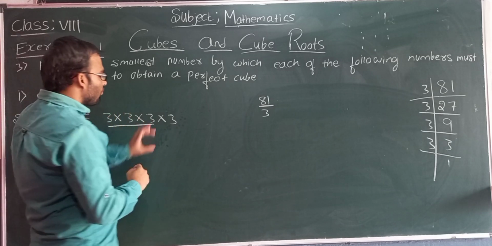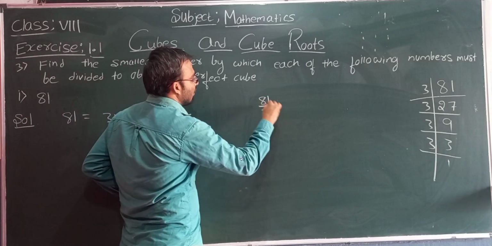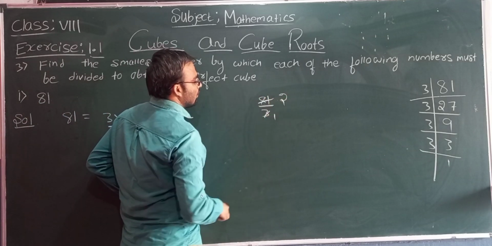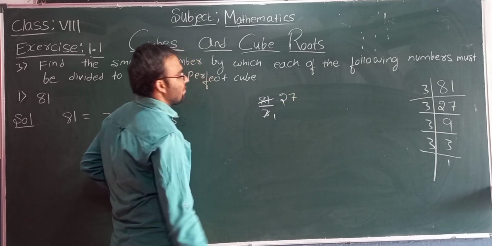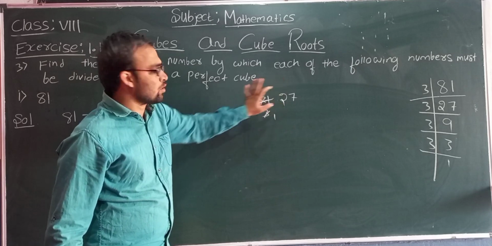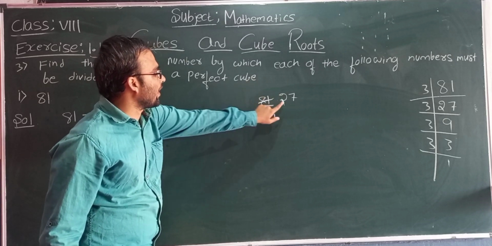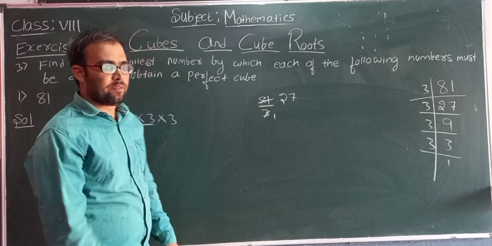So look here, only one 3 is remaining, no? If we divide 81 by 3, we get 27. 27 is a perfect cube or not? It is a perfect cube, no?